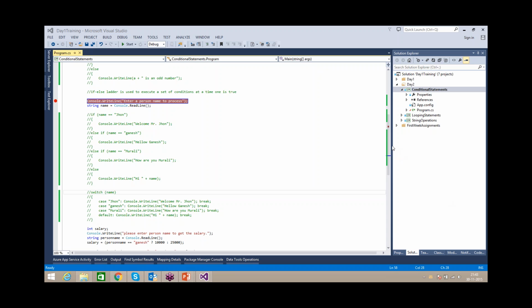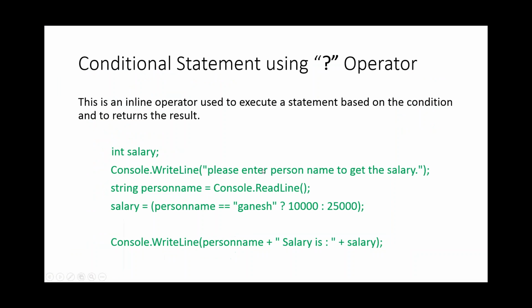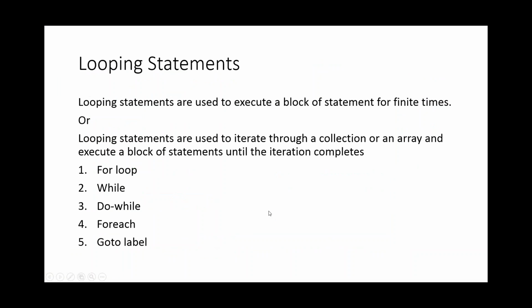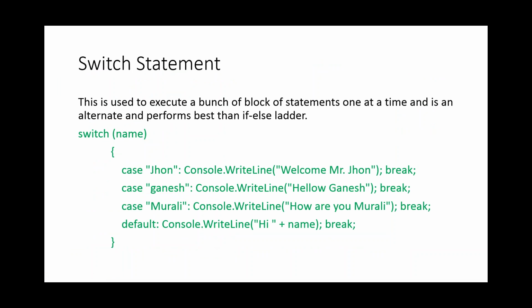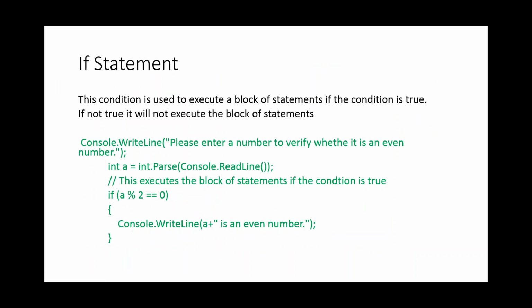Sorry guys. So this inline statement is mainly to return some values based on a condition. That is where we use this question mark operator. So with this we covered five types of conditional statements.